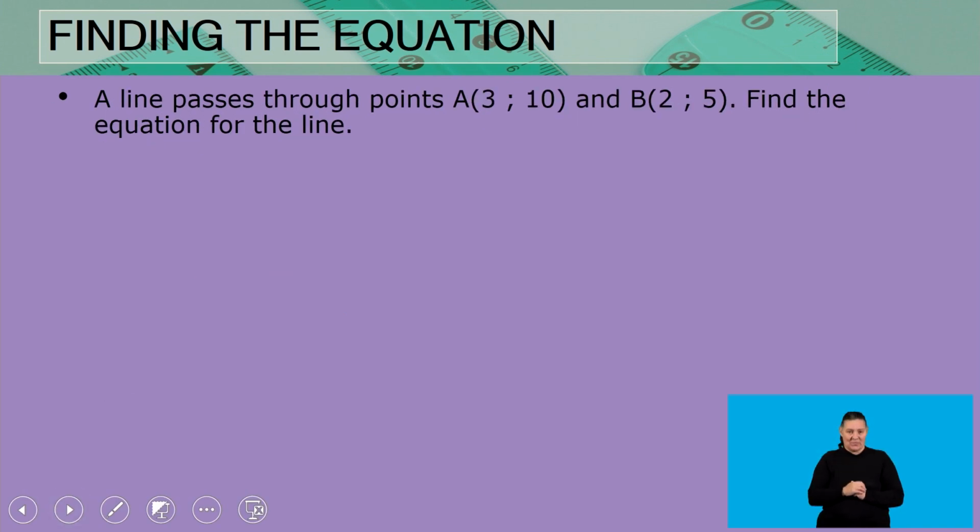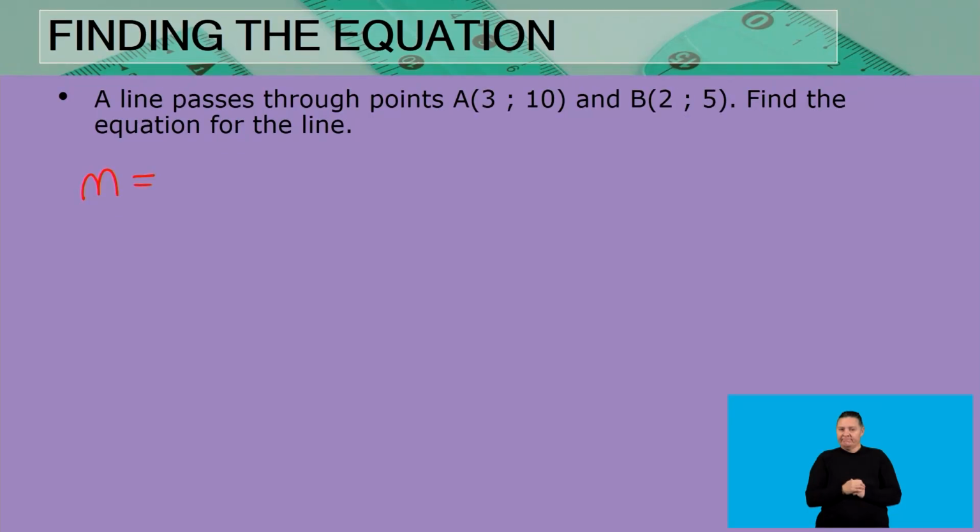Let's look at the next question. A line passes through points A (3, 10) and B (2, 5). Find the equation of this line. Now for us to find an equation, remember we need the gradient and the y-intercept. So let's calculate the gradient for this line quickly. Now the gradient is the vertical change divided by the horizontal change.